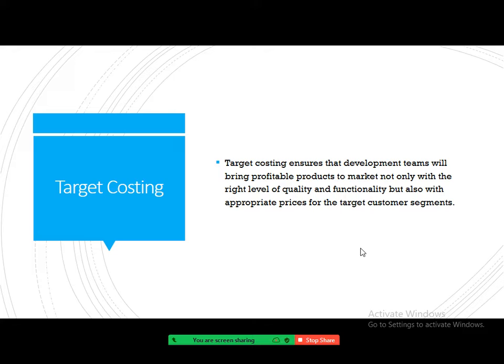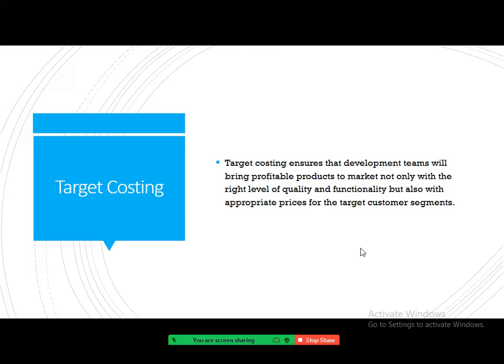So, what is target costing? Japanese companies have traditionally approached cost issues in such a way that results in substantial production savings and products that are competitively priced in the global marketplace. Toyota, Sony, and Olympus are some of the well-known Japanese companies that use target costing.